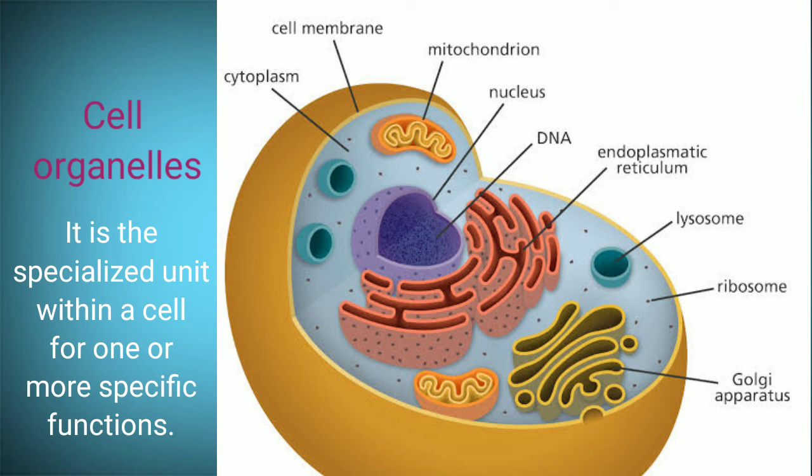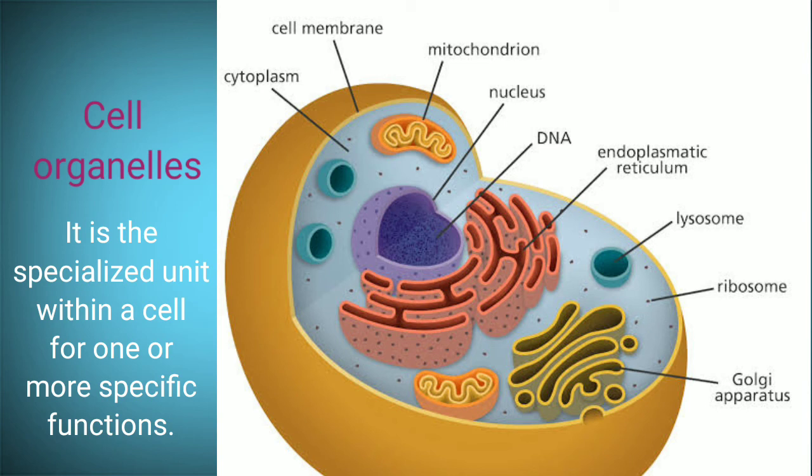So there are 11 organelles in a cell. In that, I have already discussed the plasma membrane. Another important organelle is the nucleus. Now, in the cytoplasm, the rest of the 9 organelles are present.